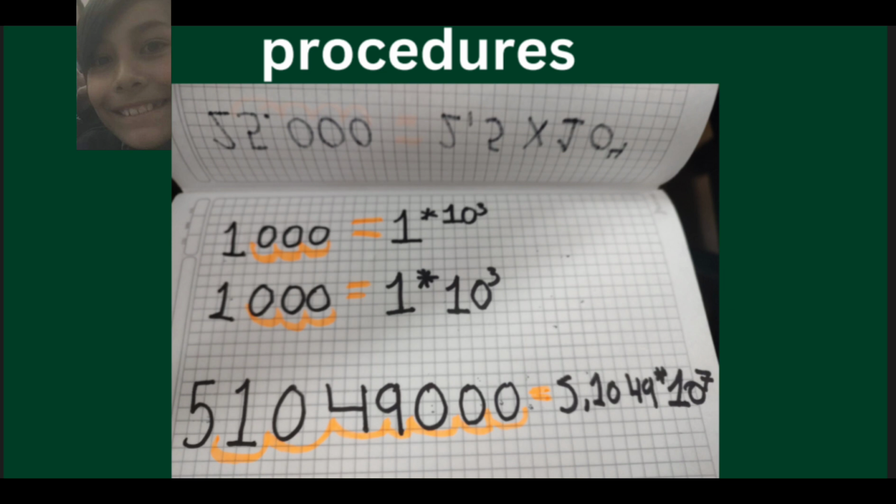If there is no comma, you know that the comma is at the end, like an imaginary comma. So you have to move it until there is a number with the requirements I explained before. So this number is 5. We move the comma 7 spaces. We have to count the spaces we move the comma until we arrive at the 5, and that's the exponent we have to put with the 10.